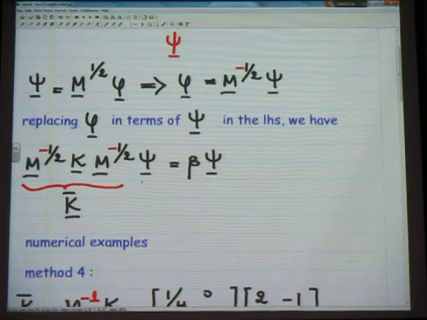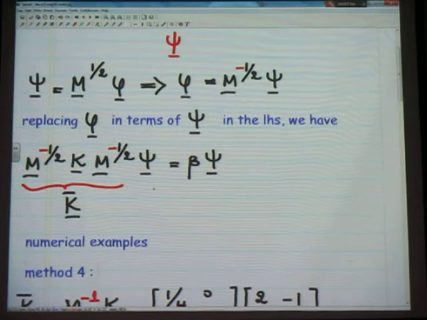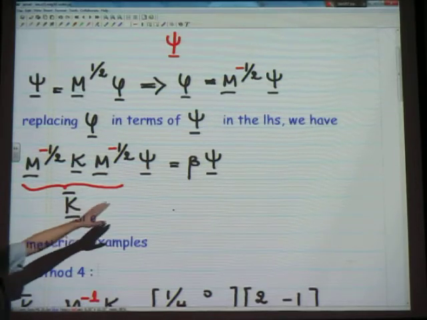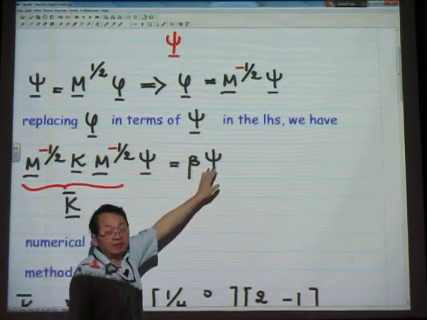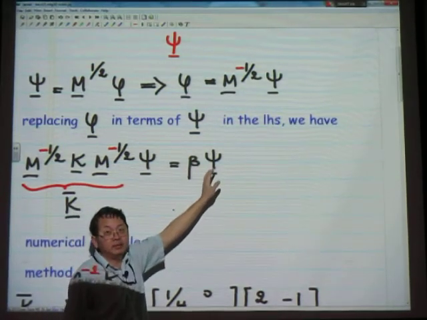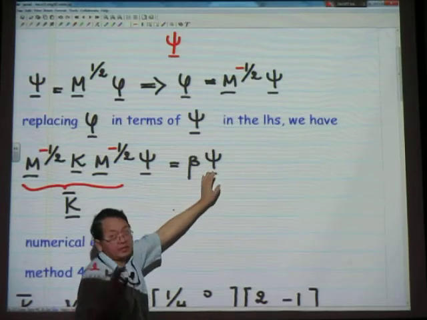Now note that in the standard eigenvalue problem, after you solve for the eigenvalues and the eigenvectors, the eigenvalues are the same, but the eigenvectors are not the same. You get psi instead of phi.